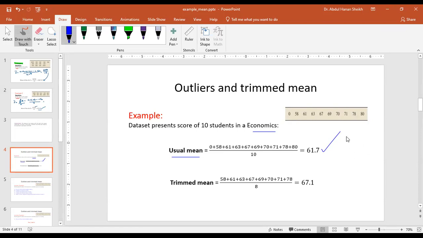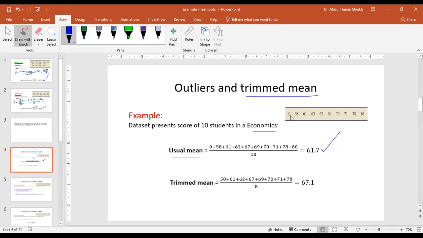But the trimmed mean is the concept which remedies these outliers, the smallest and largest values. You just trim the extreme values on both sides, on the smaller side and also on the large side, and the same number of data values is trimmed. Right?